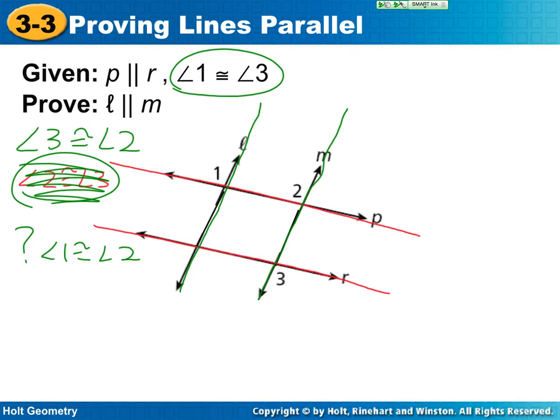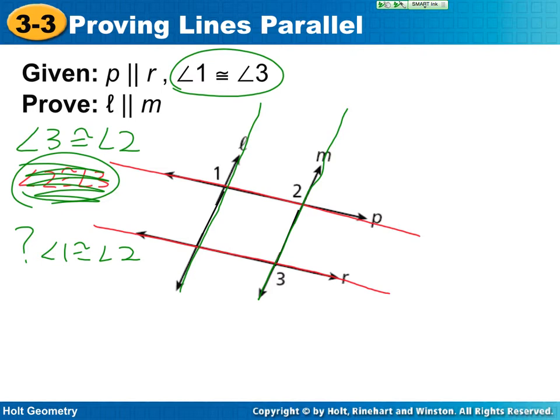What did we come up with from that? Angle 3 was congruent to angle 2. What was our reason? Alternate exterior angle theorem, not the converse, the original one. Okay, then let's put in angle 1 congruent to angle 3. Where did I get that? Given.